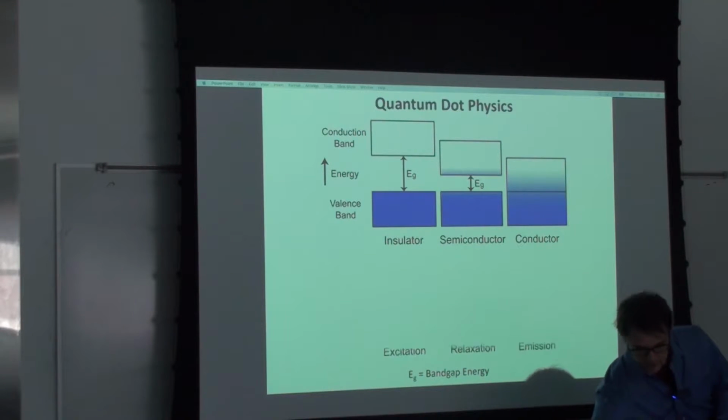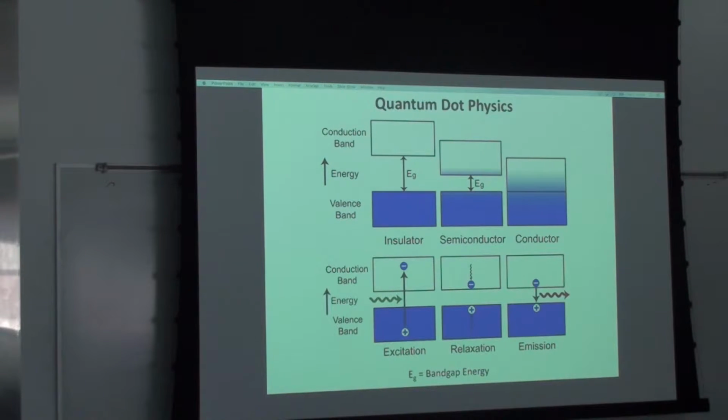So what happens then in fluorescence is, for a semiconductor, you have a three-step process. You have excitation, where you have an electron somewhere in the valence band absorbing light, becoming higher in energy because of that, and entering the conduction band.